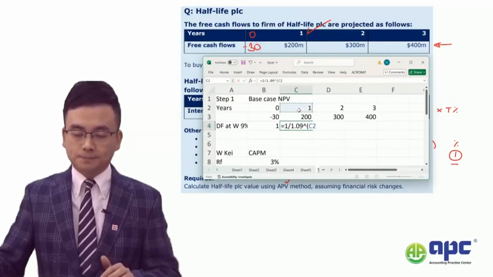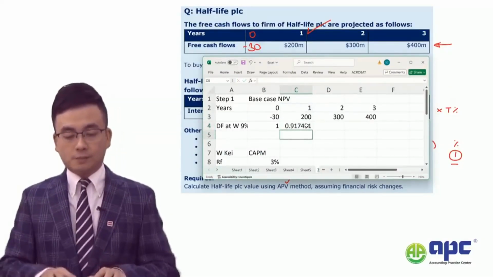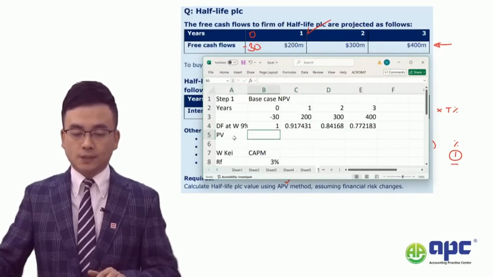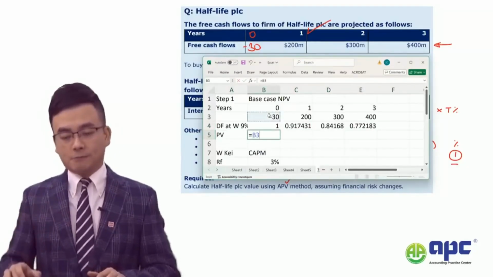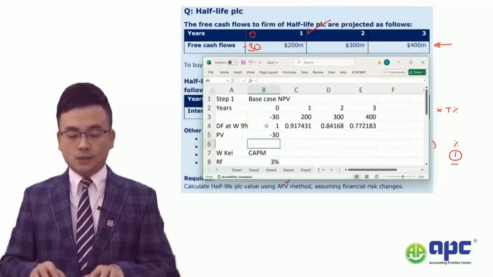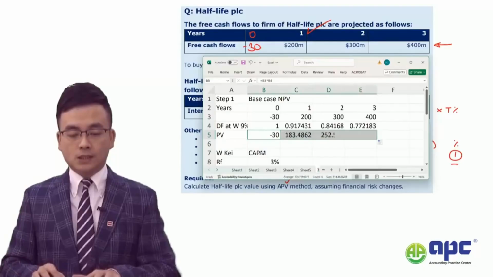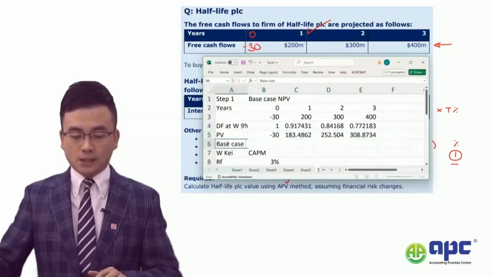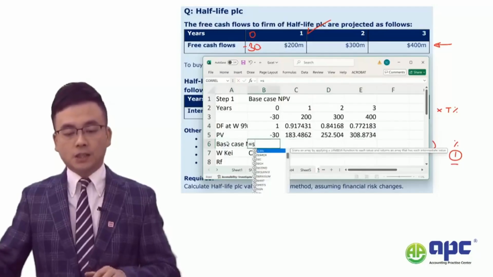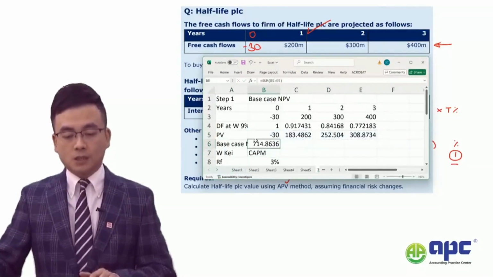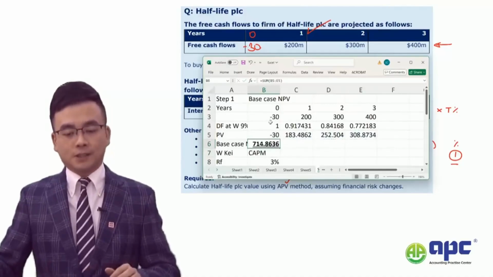Drag it across, and then we calculate the present value: cash flows times the discount factor. Drag it across, and the base case NPV is simply summing all these present values together. That would be 714, as a starting point. So we can underline all those figures.